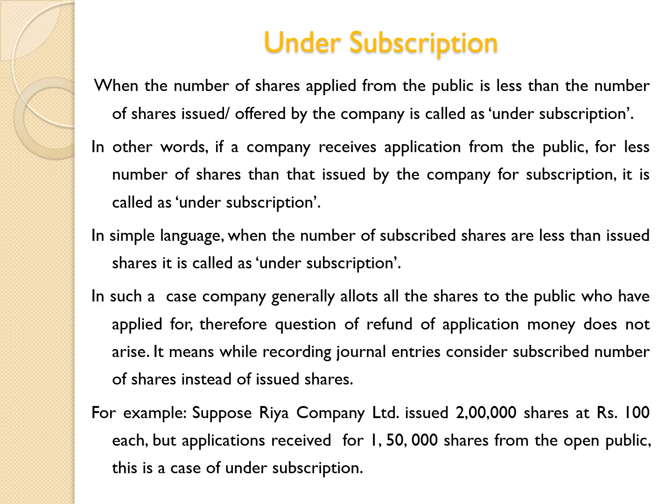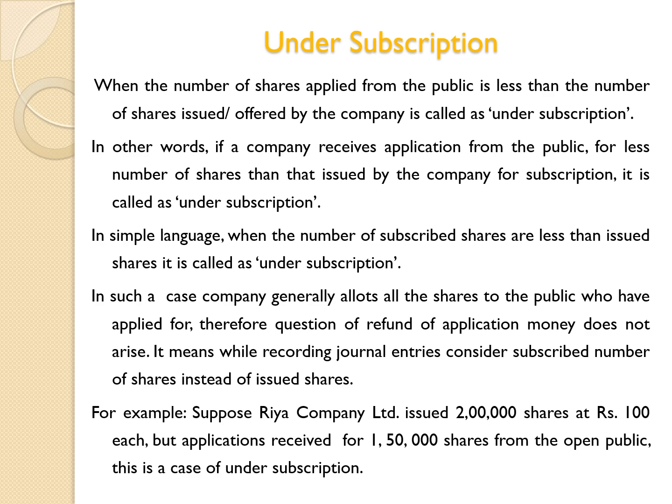In such a case, the company generally allots all the shares to the public. This is very important. Here we are allotting all shares to those who have applied. Therefore, the question of refund of application money does not arise.